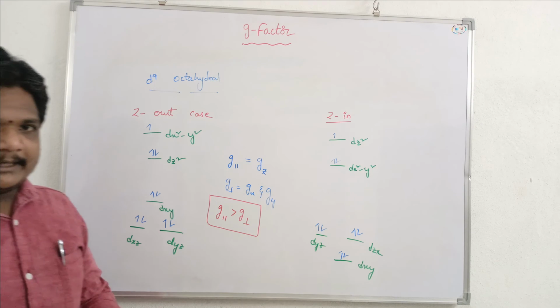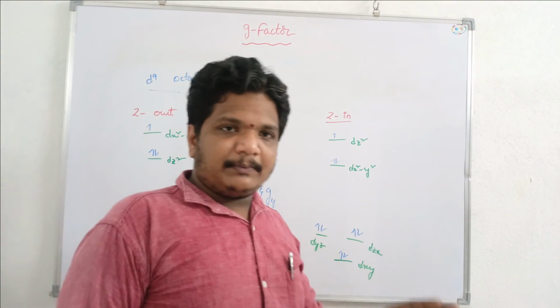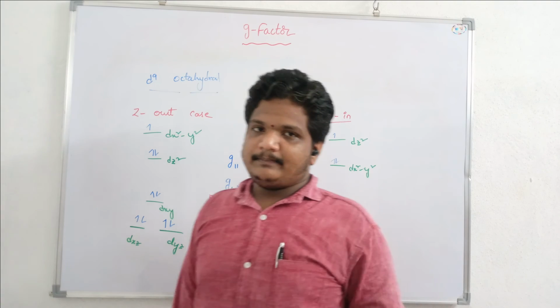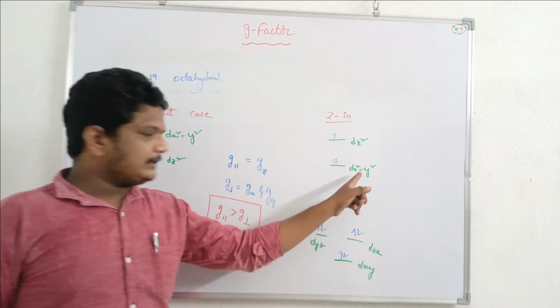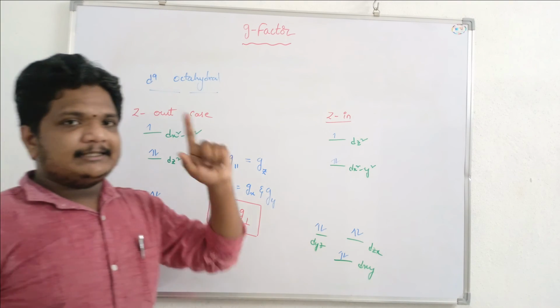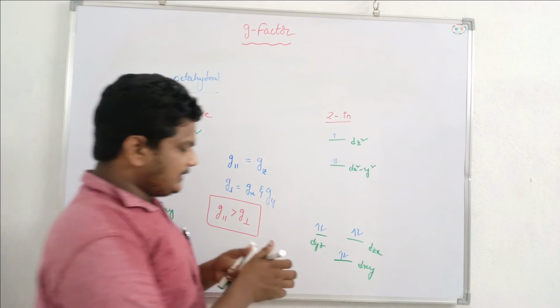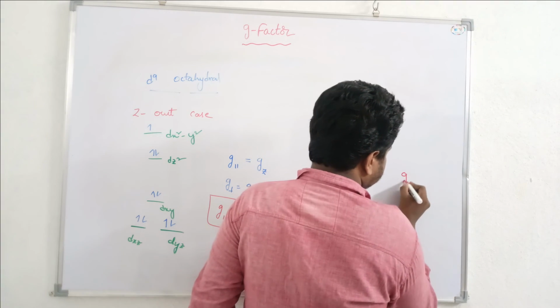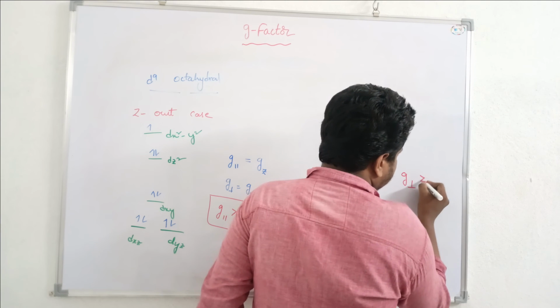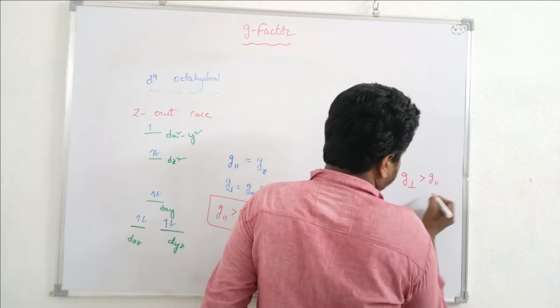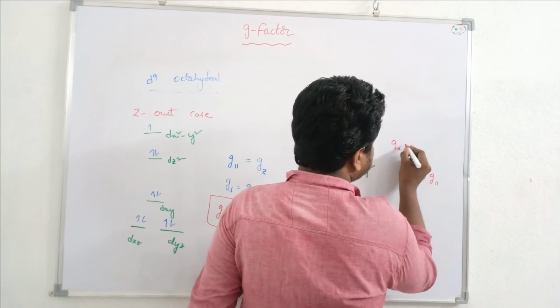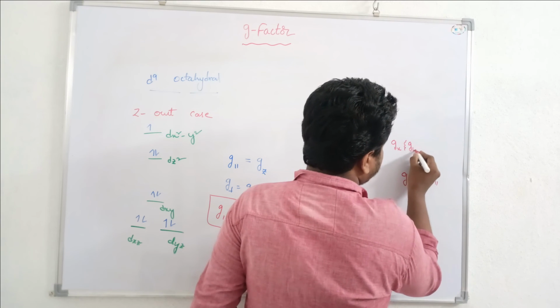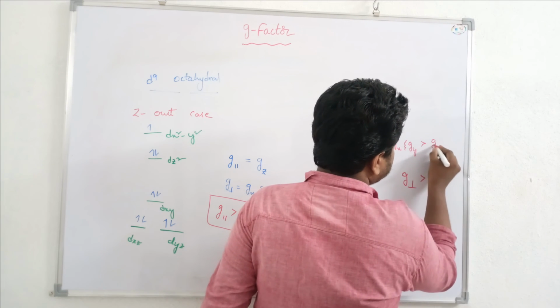We know that the g value is directly proportional to the electron density. So we know that gx and gy, that is g perpendicular, is greater than g parallel, because gx and gy is greater than gz.